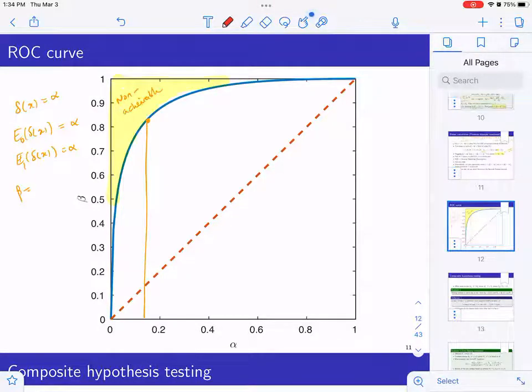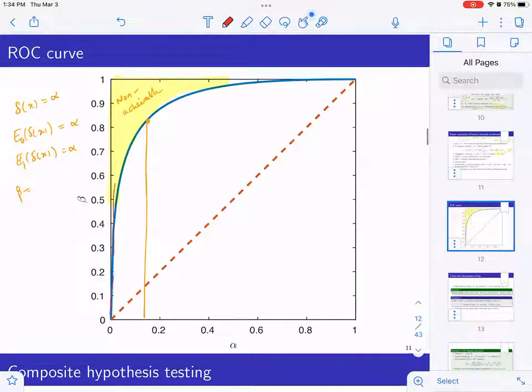And you can also very easily see the trade-off. If I let alpha go to 0, I'm going to have 0 power. But if you let it slide a little bit, it goes up sharply. So a little bit of alpha allows me to have a big power. Then as you increase it, there's diminishing return.